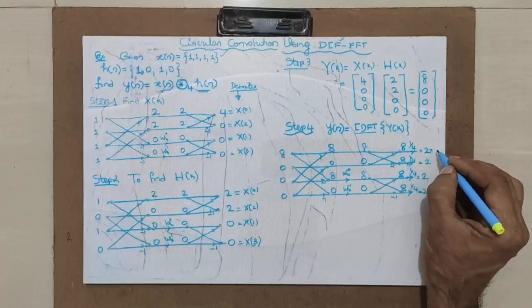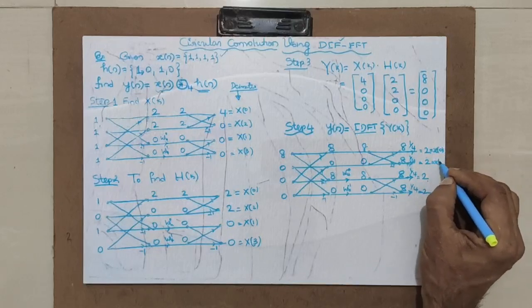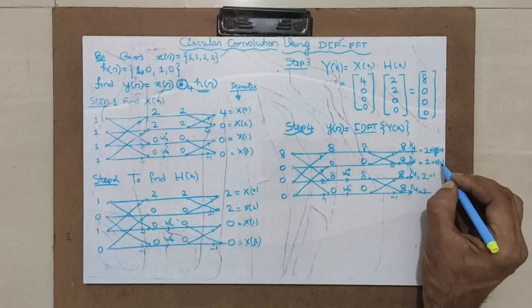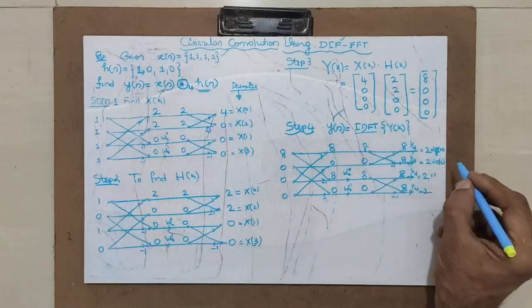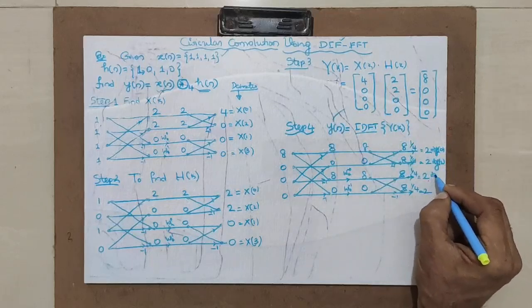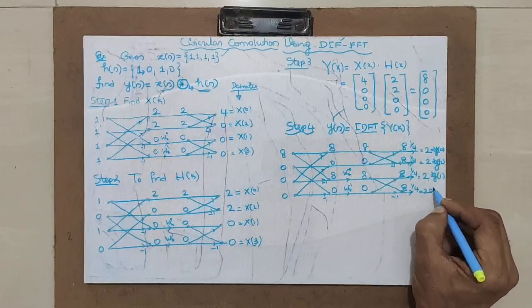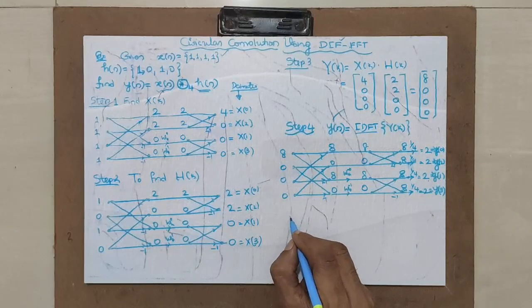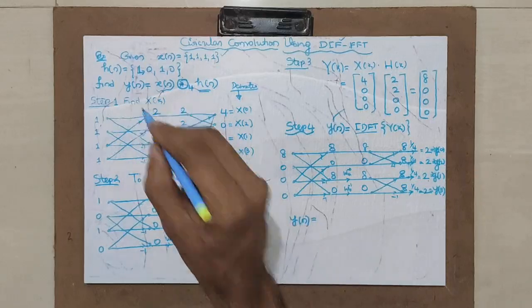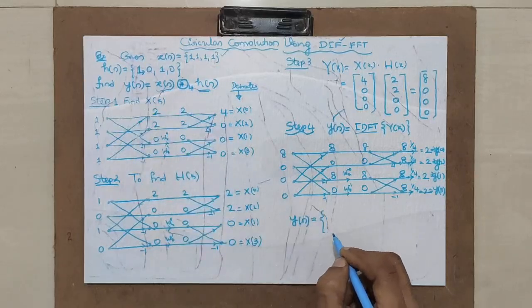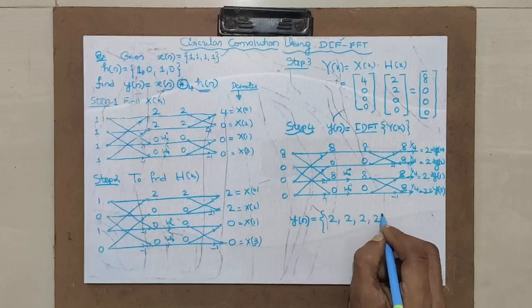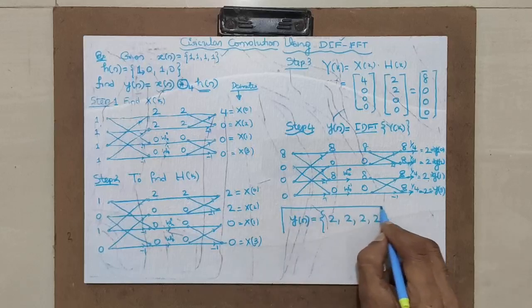I may be getting the answer here 2, 2 only, but you write y0, y2, y1 and y3. Hence I got my answer y of n as per the given notation here. Some different notation is used, that's all. 2, 2, 2 and 2 is my answer.